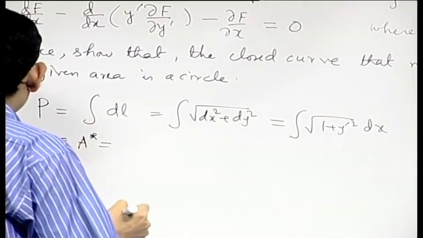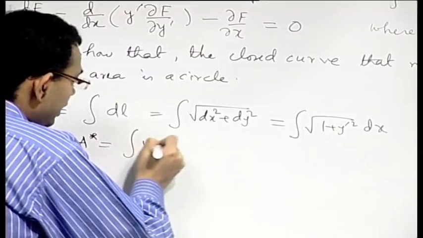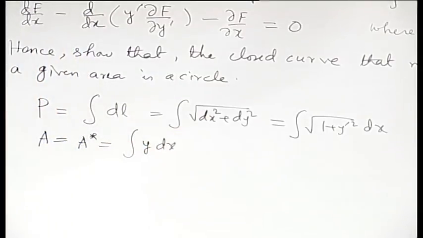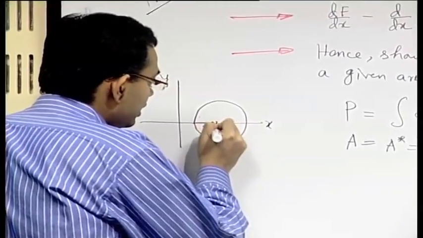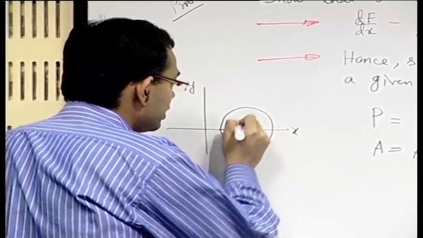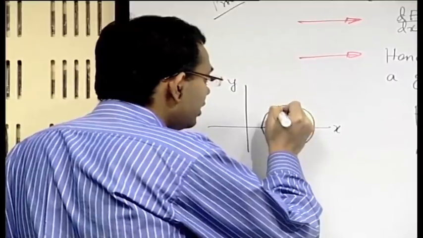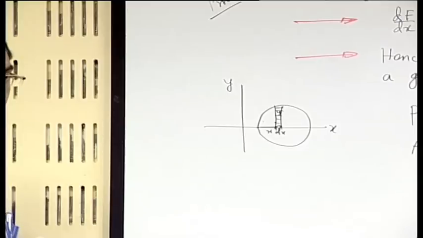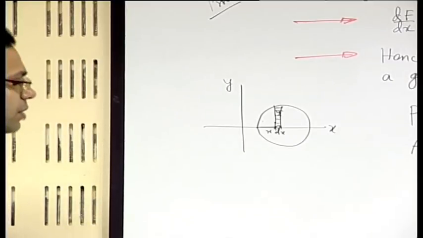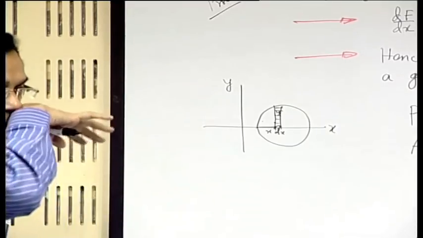So, area you can write as integral of y dx, because if you take a small element at a distance x, you take a small element dx, the corresponding y is y. You can always deal with half of the curve if it is symmetric with respect to x axis. So, let us make such a simplification if that is appropriate, that will not change the method of solution.